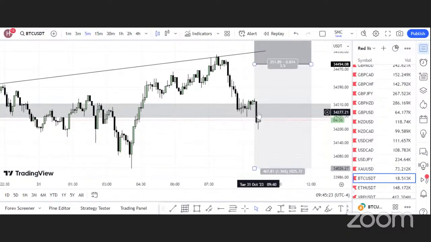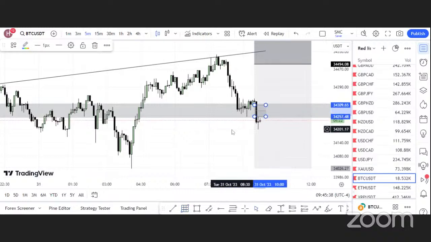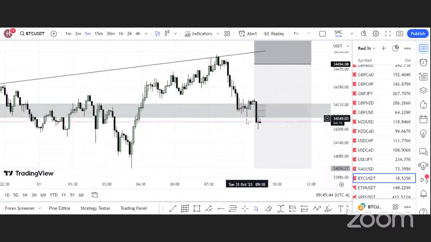We have this huge gap where I think the market can make a reversal. So here we have this gap.